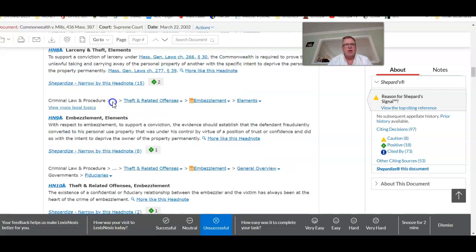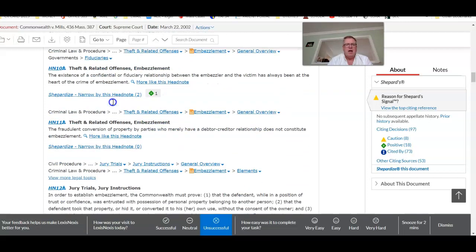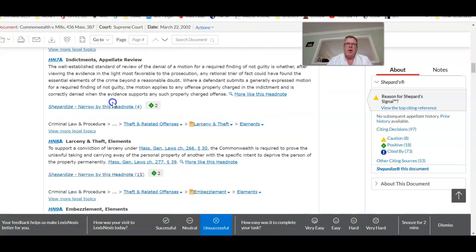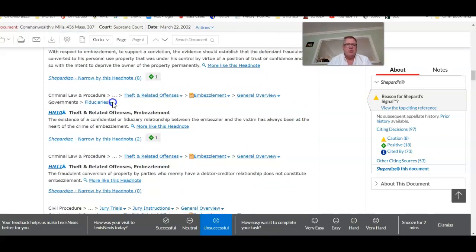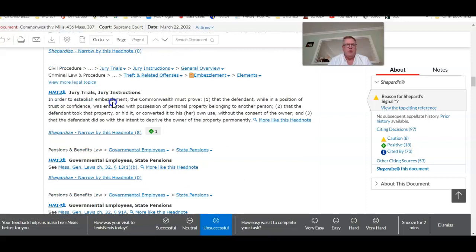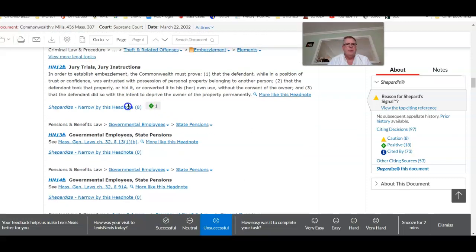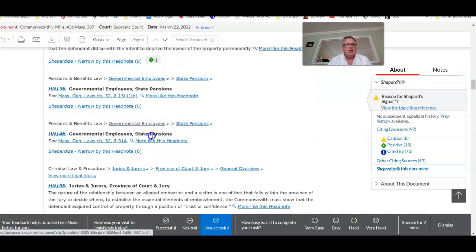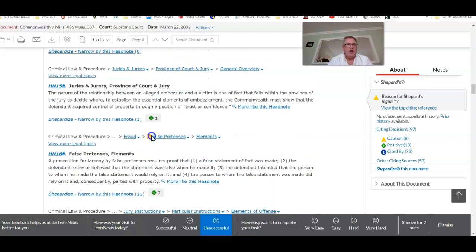They reversed the larceny, I think, and the embezzlement. And there were all kinds of charges. So the point is, if you were researching a particular crime that was not reversed, you could use that. And you could use some of this stuff in your brief. You could use, for example, some of these general points of law.